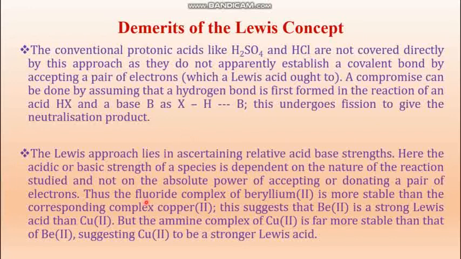Look at the examples here. Is the fluoride complex of beryllium 2 more stable than the corresponding complex of copper? This suggests that beryllium is a stronger Lewis acid than copper, but the amine complex of copper is far more stable than that of beryllium, suggesting copper is a stronger Lewis base. This ambiguity cannot be explained on the basis of Lewis acidity and basicity theory.